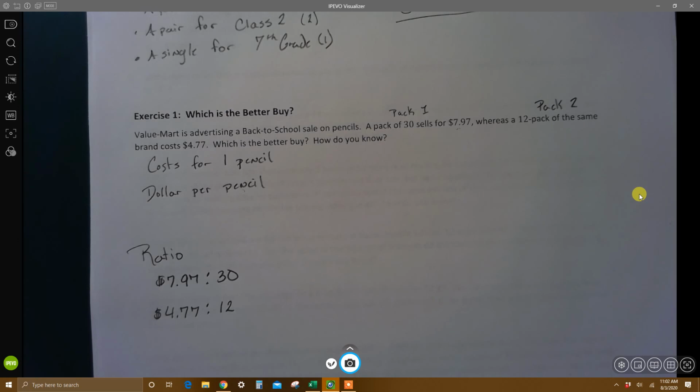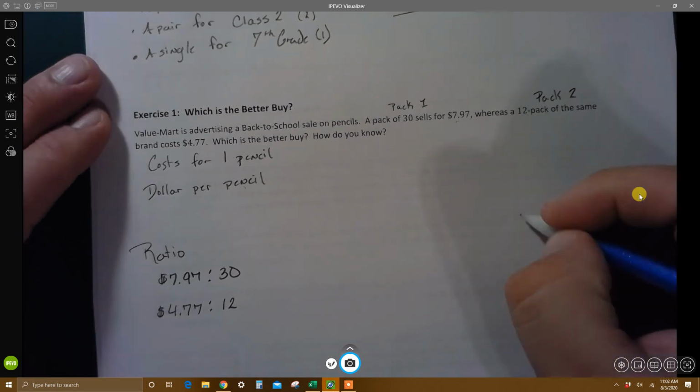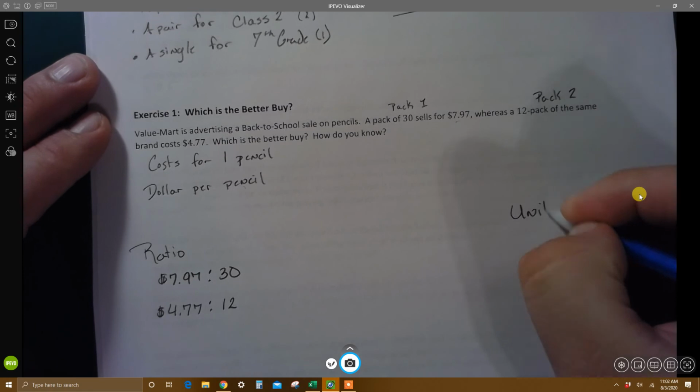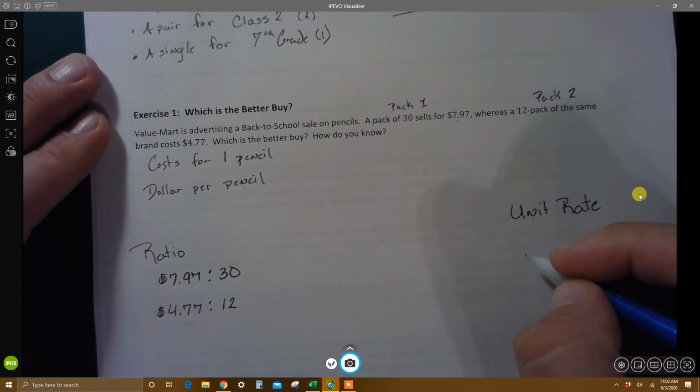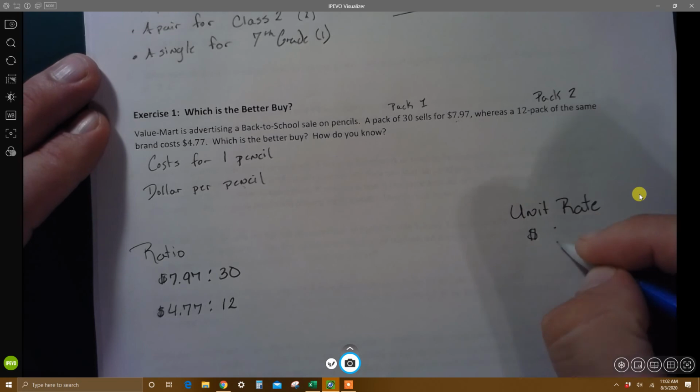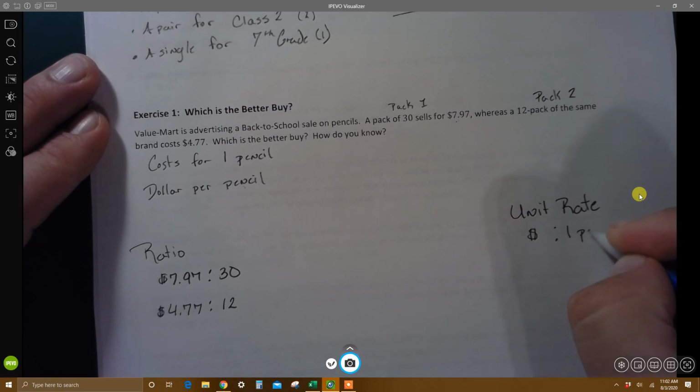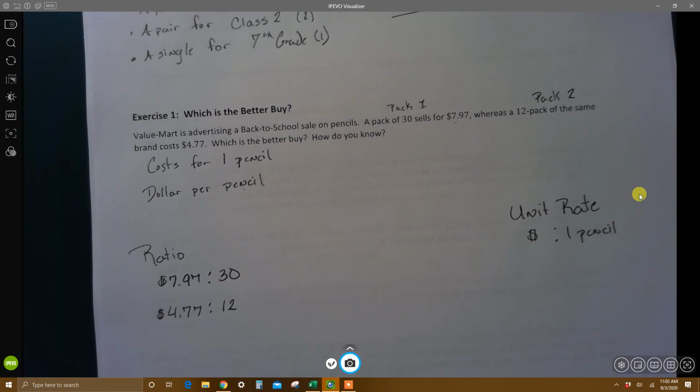So we've got our ratios. I want you to find the unit rate. I want to know how much it costs for one pencil. How much does it cost for one pencil?